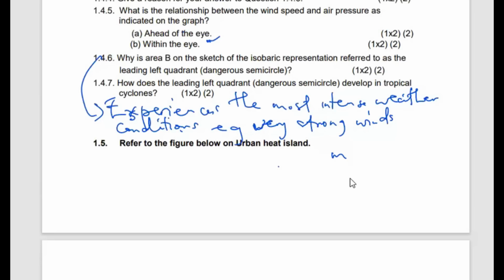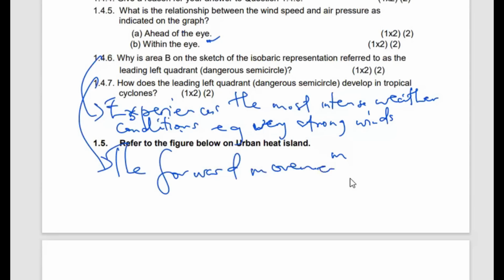The response that you can have here is the forward movement combines with the rotation. Right, I'll move on to the next question.